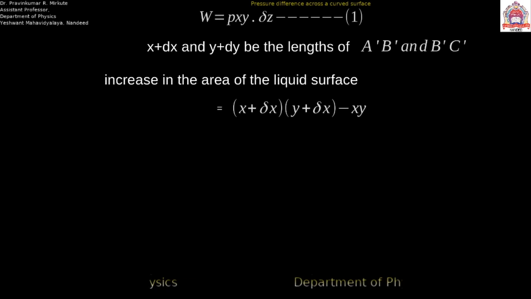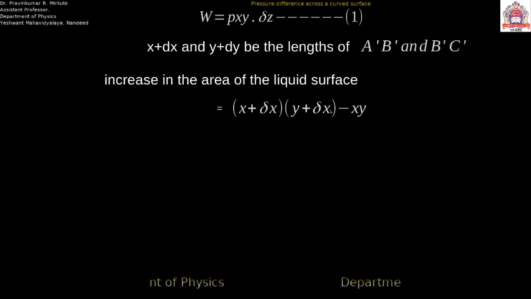If x plus delta x and y plus delta y are the lengths of A dash B dash and B dash C dash respectively, then the increase in the area of the liquid surface under consideration is (x plus delta x)(y plus delta y) minus xy.